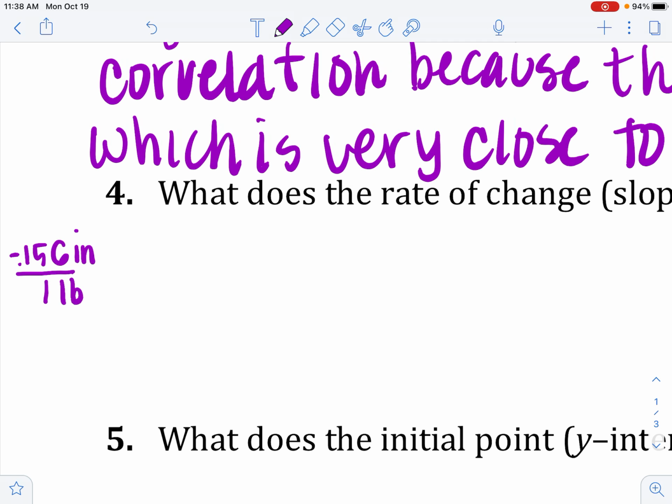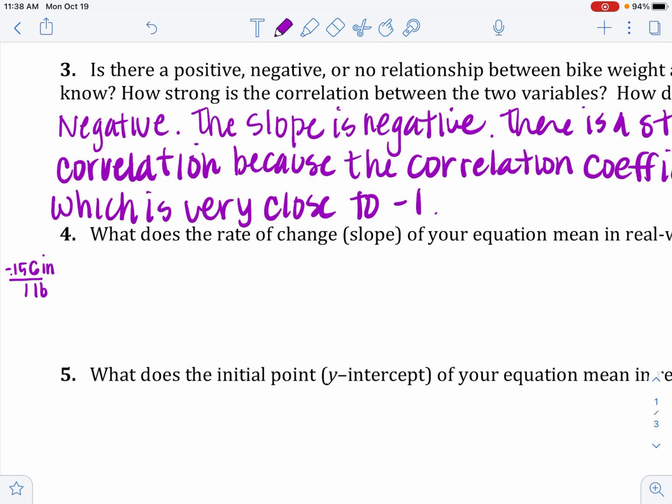Okay. So I want to write a sentence now. Remember, this is a rate of change, and it's not exactly what the rate of change is. It's on average. So I like to start off my sentence with on average, comma. Remember, we're talking about BMX bikes here. I'm going to say the height a bike reaches decreases by 0.156 inches for every pound it weighs.